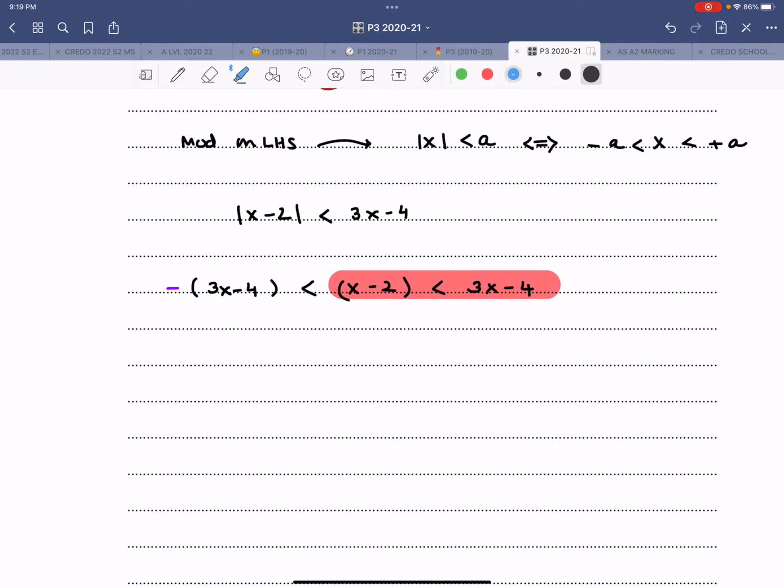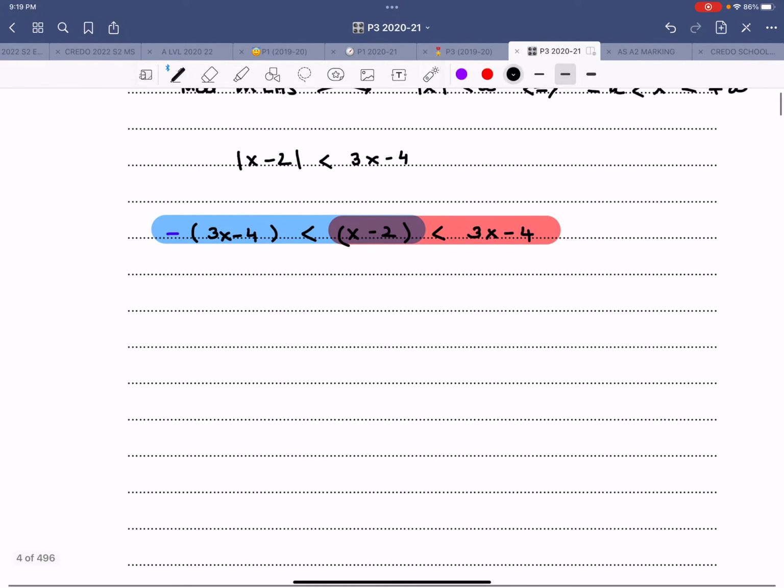Solve this part separately, and then we would look at the final inequality. So on the right hand side, x minus 2 is lesser than 3x minus 4. X minus 3x is negative 2x, lesser than minus 4 plus 2, that is minus 2. Divide by negative 2, therefore x is greater than plus 1.